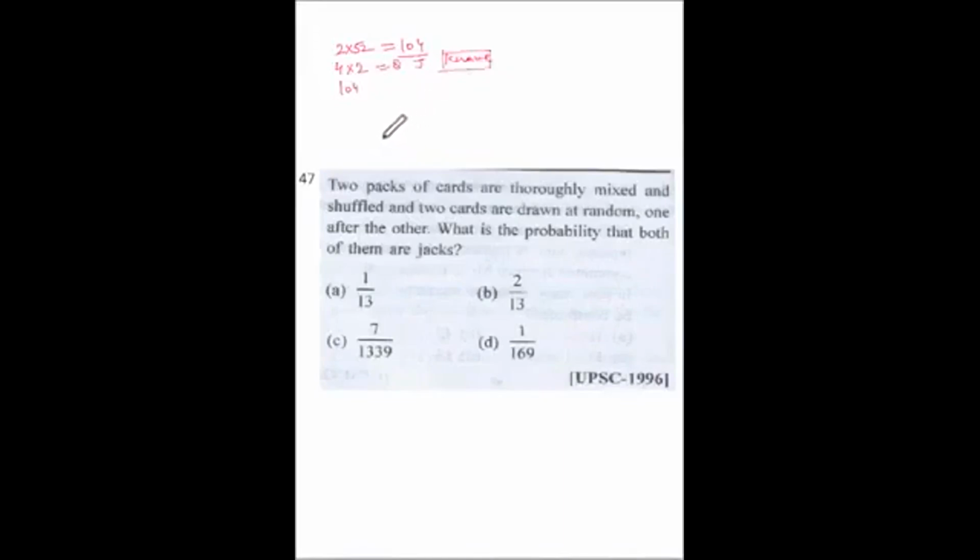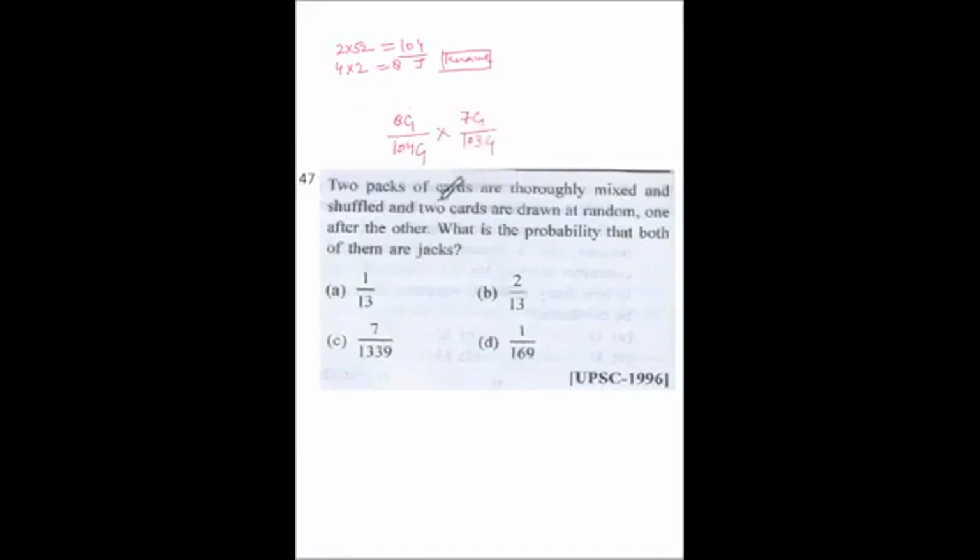So out of 8 we will take one, it will be 8 C1 upon 104 C1. Then we take another card, and these are independent of each other. 7 C1 upon 103, because 1 we have taken out.